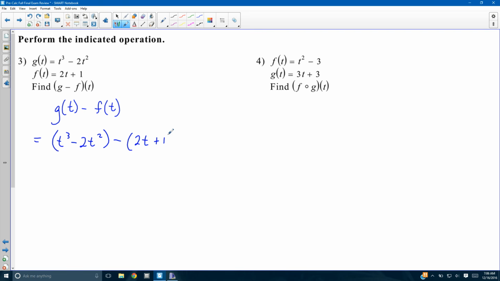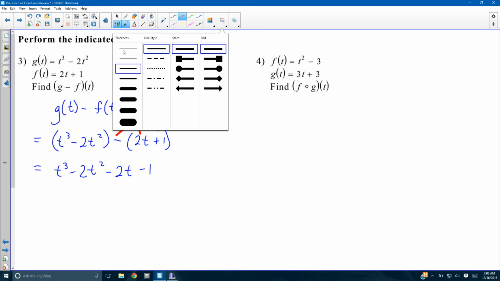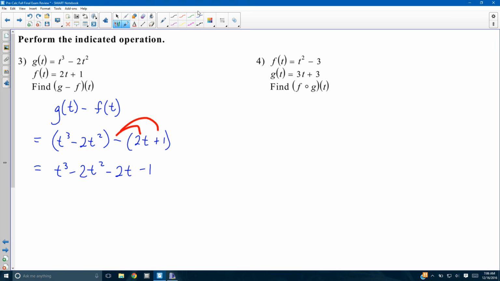The parentheses will be incredibly important because when I subtract, I have to subtract the entire quantity. So this will be t cubed minus 2t squared minus 2t minus 1. The negative applies to both of those terms. Nothing combines. Looks like that's it.